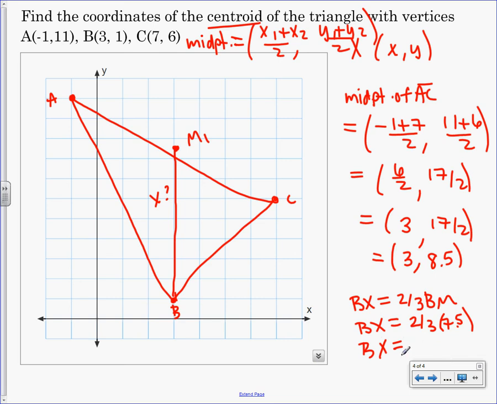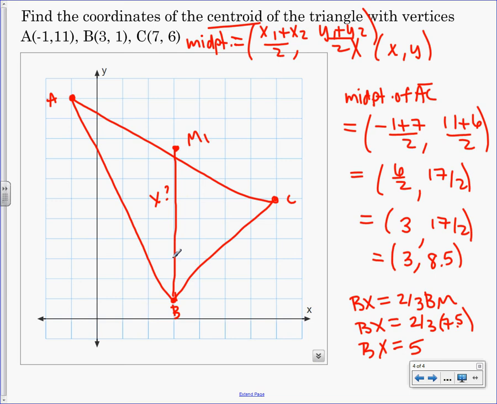You get 5, right? Take your time and punch it in. Okay, so from B to X is 5 units long. That's not actually what we wanted, right? We want to know where X is. So if I go from B 5 units away, that's where X is actually located, right?